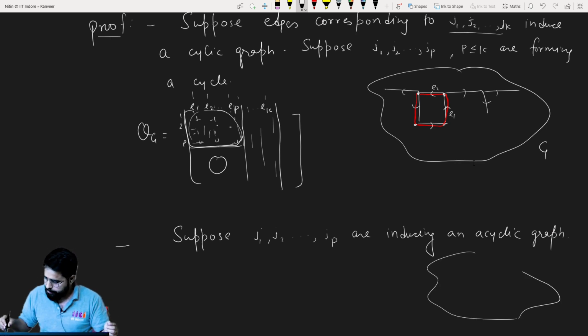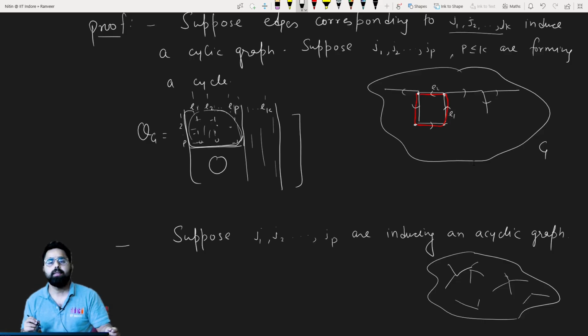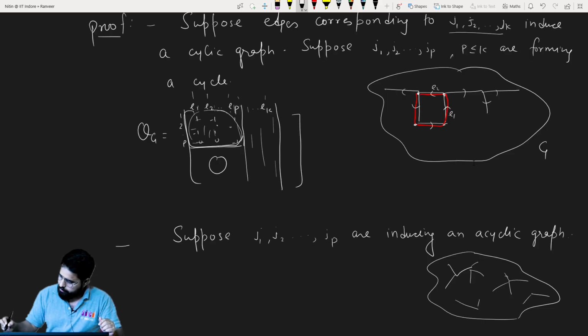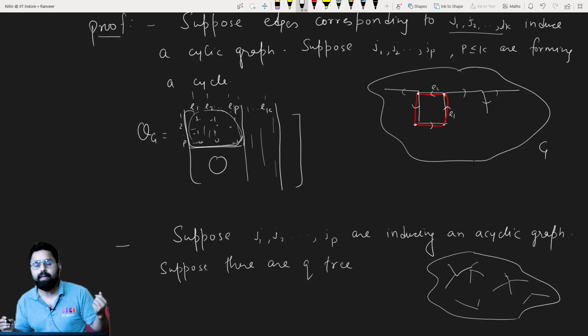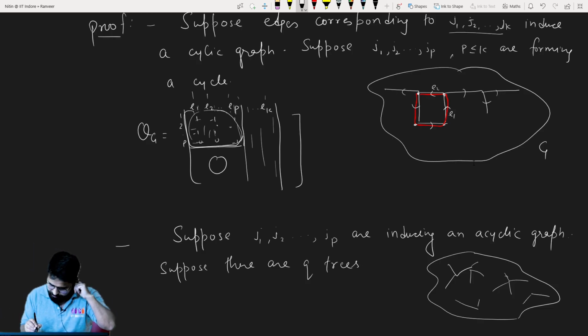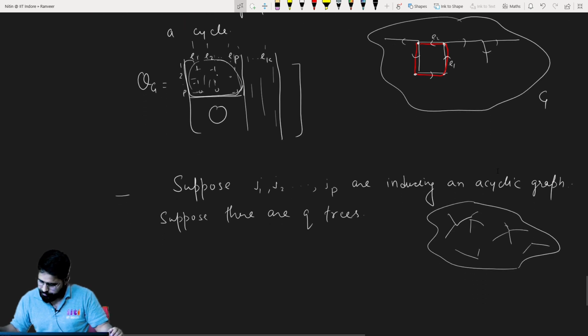So inside this graph, suppose you pick these edges; it will be a collection of trees, and so on. Suppose there are Q trees, which are basically the connected components.